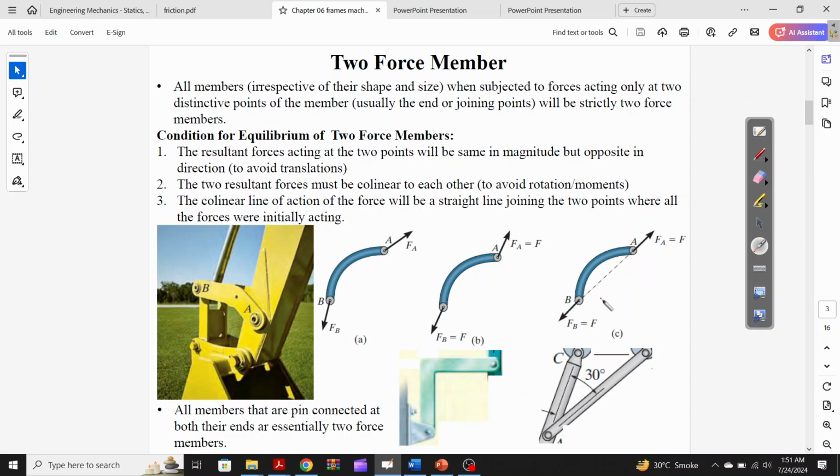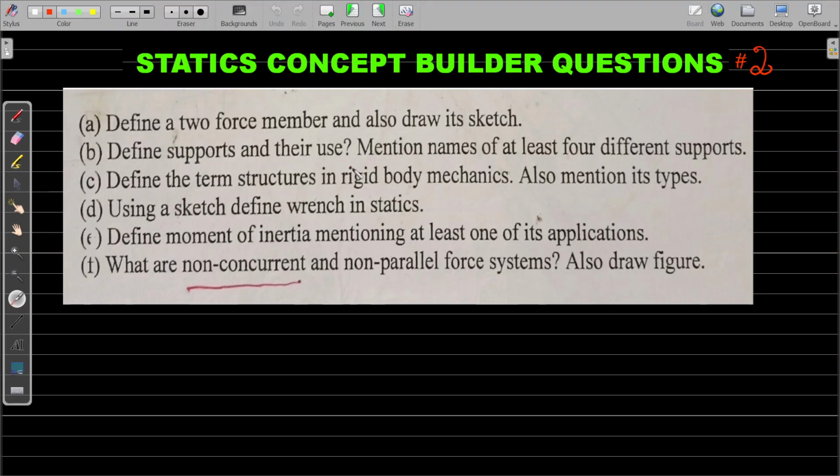Since they have the same magnitude F, we can call this curvilinear member or rod a two force member. This is how you would define a two force member, and we have also shown you the sketch of it.